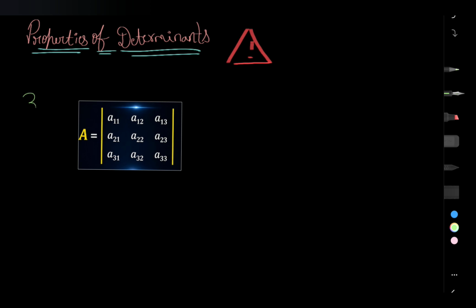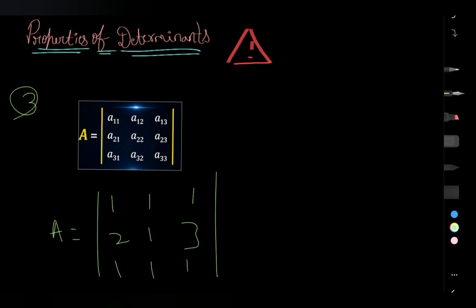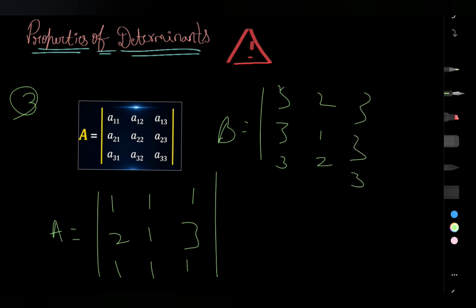Next is the third property. The third property states that if all the elements of any two rows or any two columns are identical, then the value of the determinant is 0. Here I will take A equal to 111, 213 and 111, or I will take one more determinant B, which is equal to 333, 333, 212, 333.